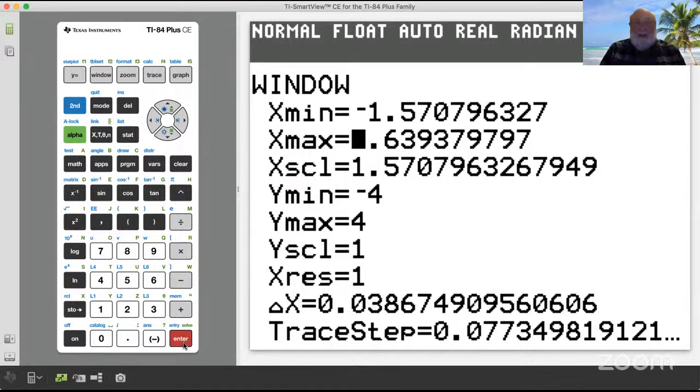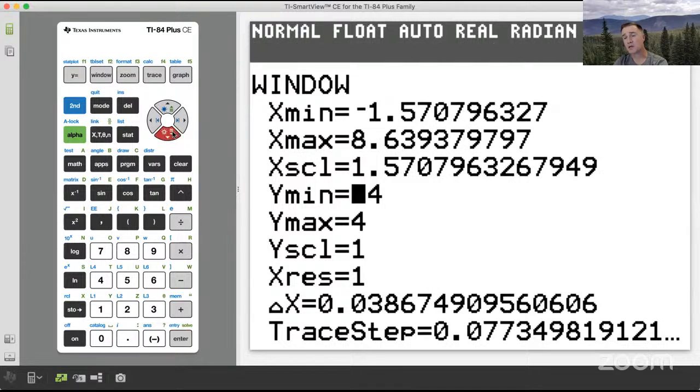And then arrow down to the trace step, and put some multiple of pi over 2 that we can get a nice one. Maybe pi over 24. Sure.